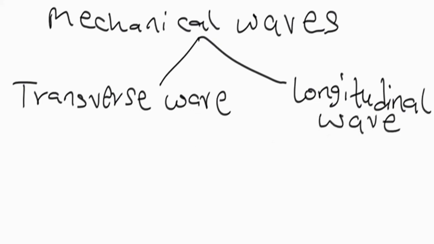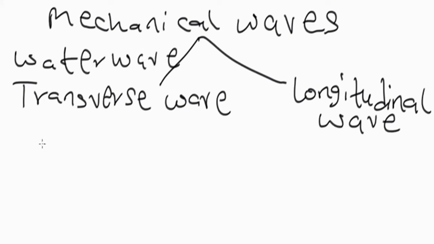Okay, now a transverse wave is a kind of mechanical wave in which the oscillation of the wave is perpendicular to the direction of wave motion, whereas a longitudinal wave is a kind of mechanical wave in which the oscillation of the wave is parallel to the direction of wave motion. Alright, an example of a transverse wave is water wave.